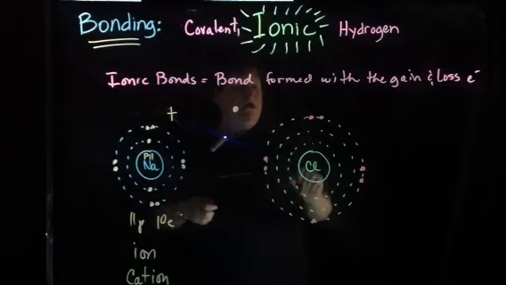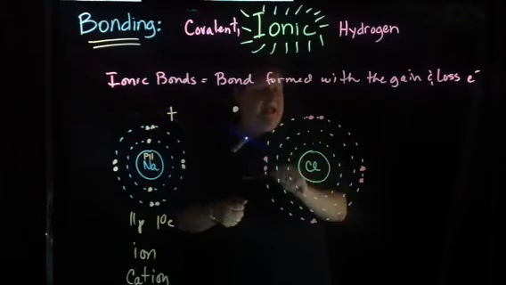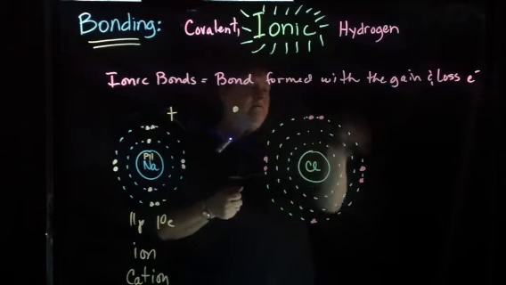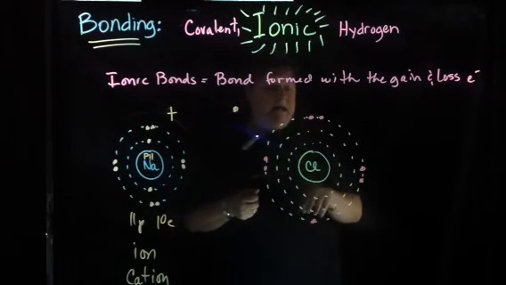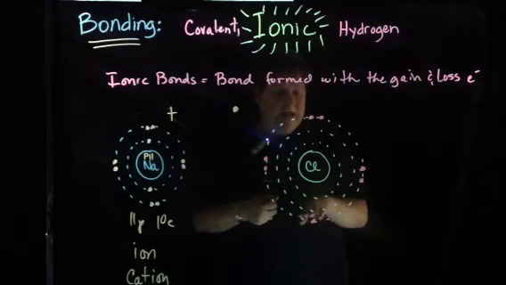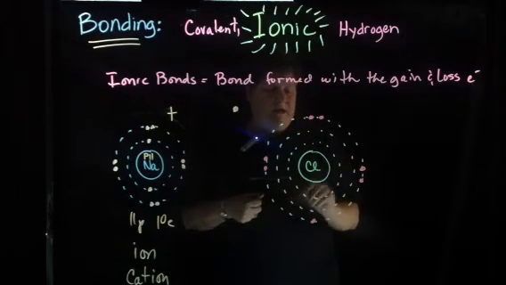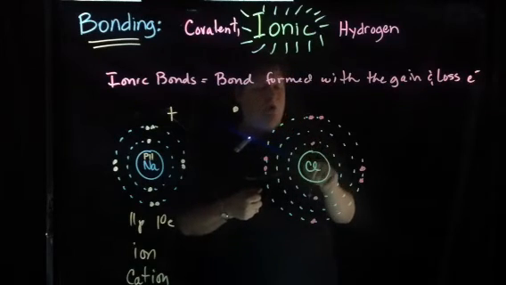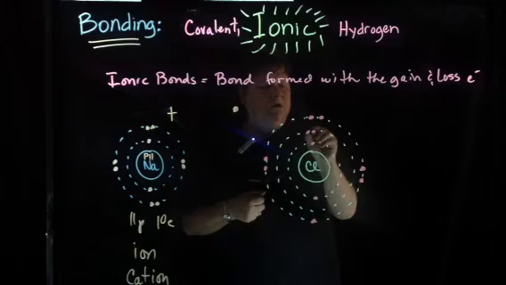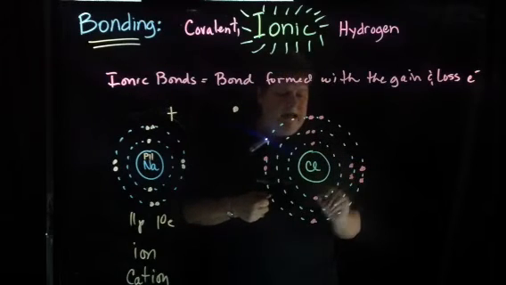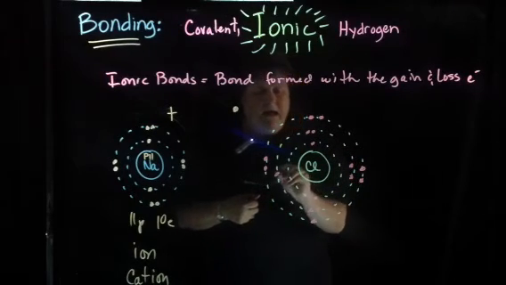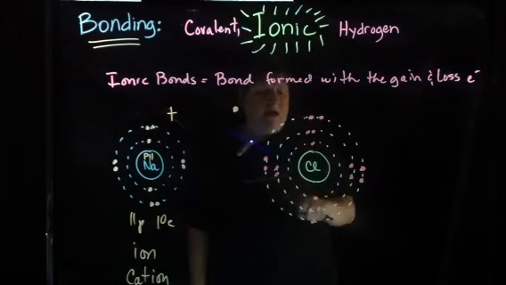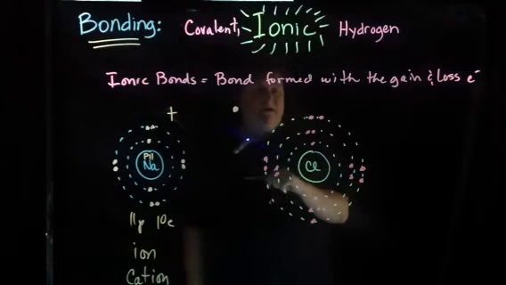Okay? So chlorine would love to have 8, so it either needs to get 1 or give away 7. And again, it's going to be far easier to gain 1 than to give away 7. Let's go ahead and fill in our other orbitals here. Again, row 1, we have 2, orbital 2, we have 8, and orbital 3, we have 7 based on our placement on the periodic table.